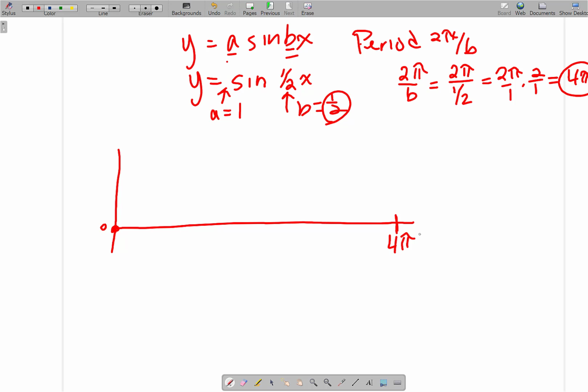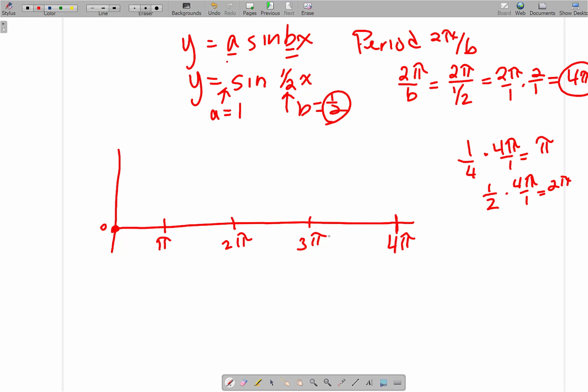So 1/4 of 4 pi equals just pi. So our first line here is going to be pi. And then you can take half of 4 pi, and that's going to give you 2 pi. That goes in the middle. And we can see the pattern here. 3 pi will be our next point.